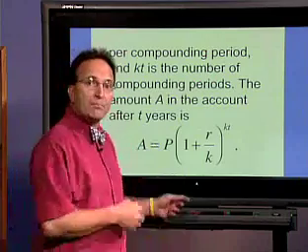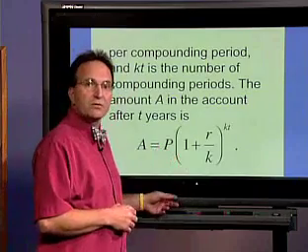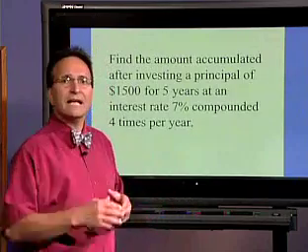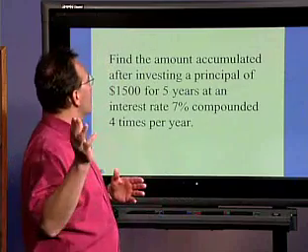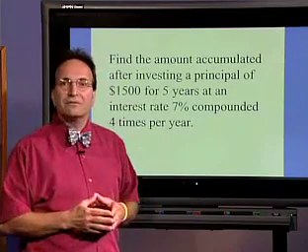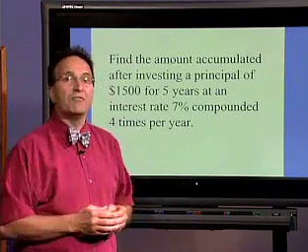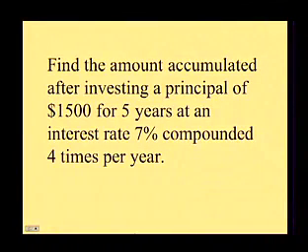Let's work an example where we use this particular formula, and the example is find the amount of an investment that's accumulated after investing a principal of $1,500 for 5 years at an interest rate of 7% compounded 4 times per year.